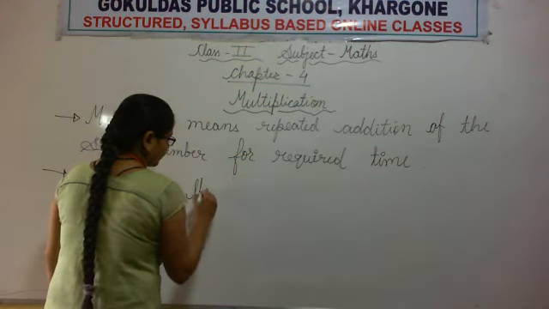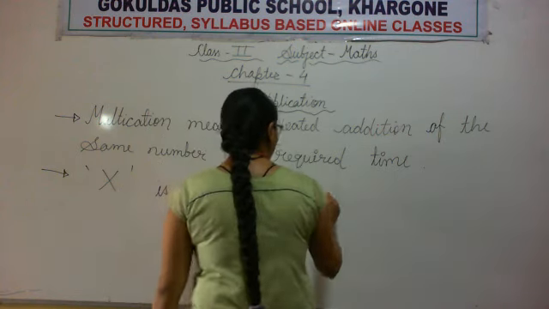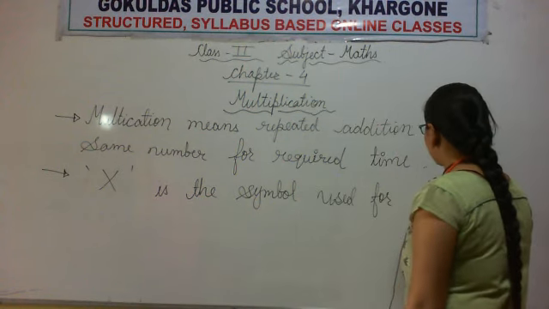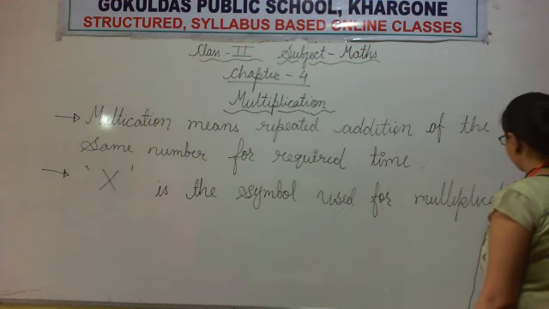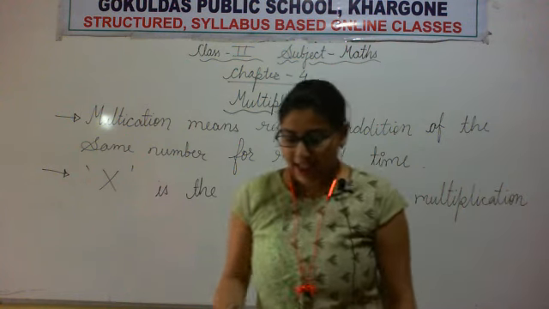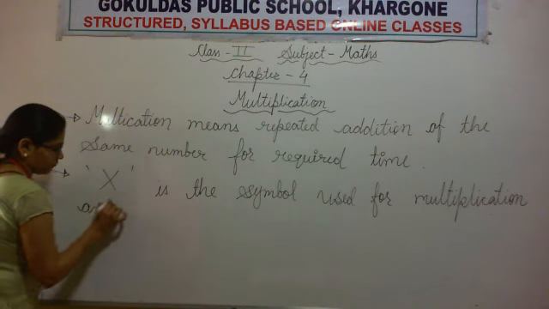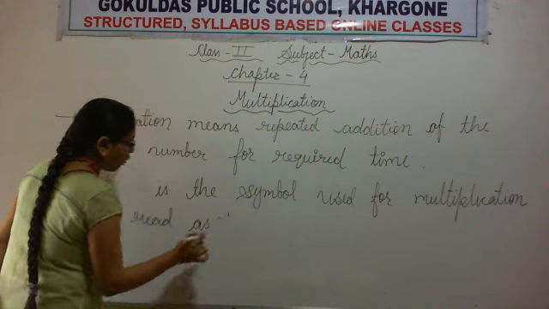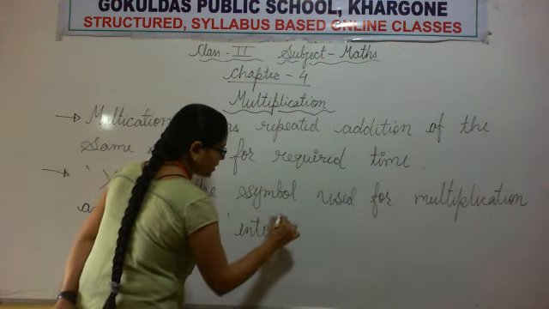Cross is the symbol used for multiplication, and read as into. How do we read it? Into. We read it as into.